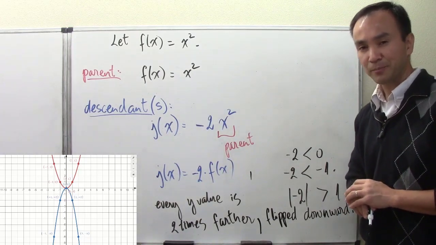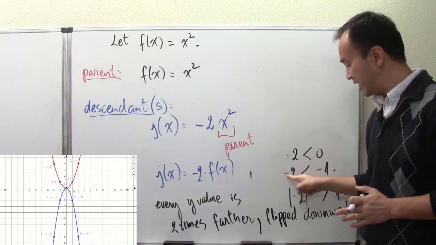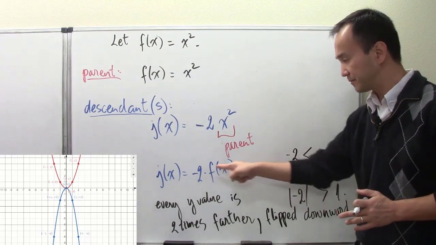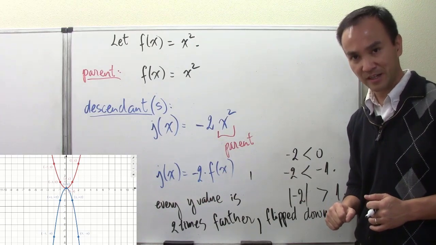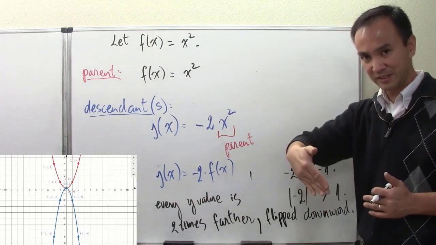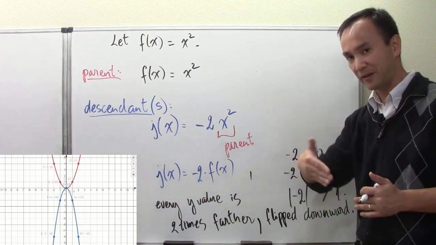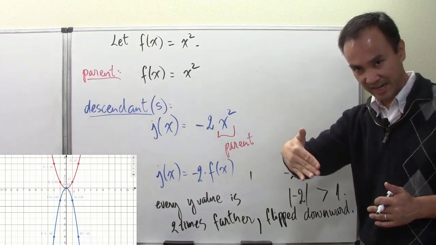So now we put into our understanding: anytime we have a negative coefficient, it will cause a vertical flip of our graph, a flip from the parent function through the x-axis.